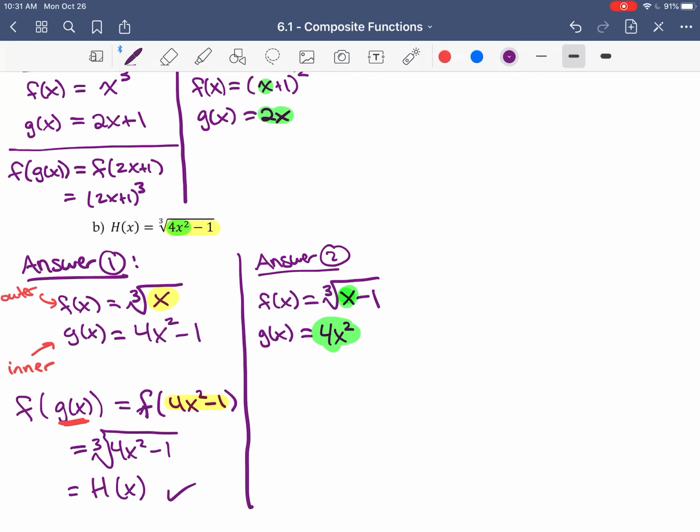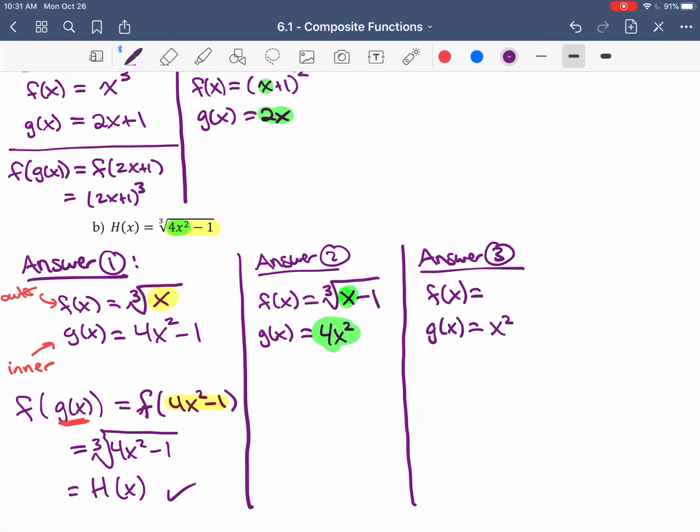Or we could have another variation. Maybe we let g of x just be x squared.